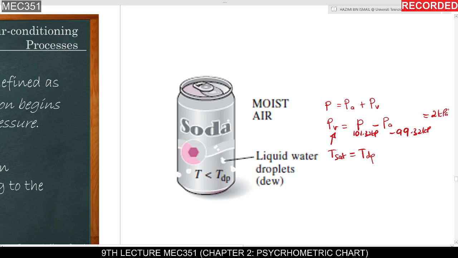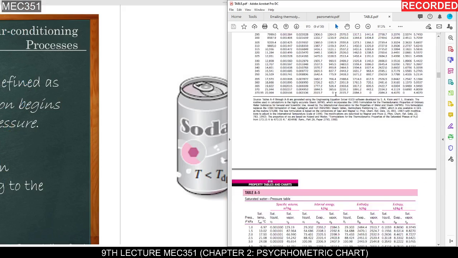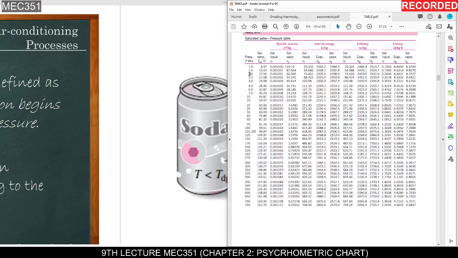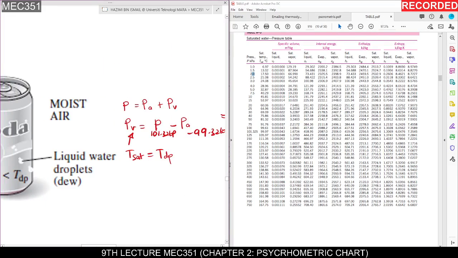So you have to find the pressure of 2 kPa here in the saturated water pressure table, because now we are going to find the value for the water vapor. So at P equal to 2 kPa, the T sat is 70.5 degrees Celsius.